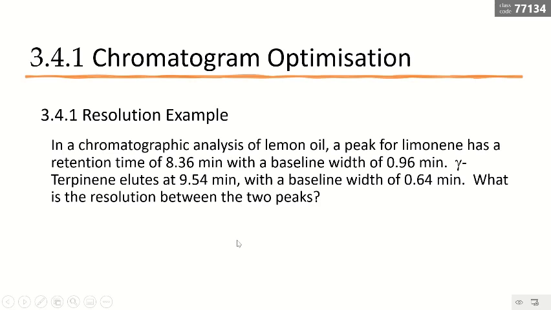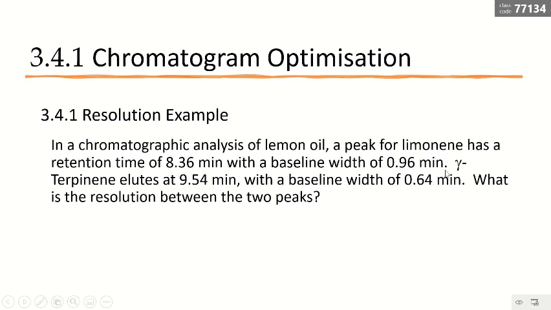For example, I have a sample, we call it lemon oil. Inside there are minimally two compounds. One compound is called limonene. We have limonene's retention time, blah blah blah minutes, and it also has a baseline width, basically how fat the peak is.